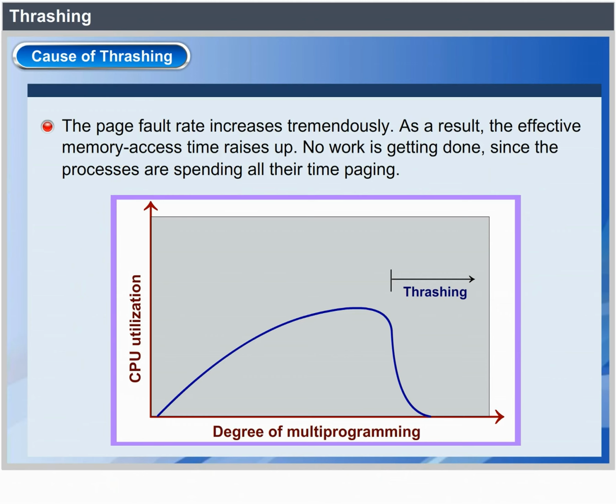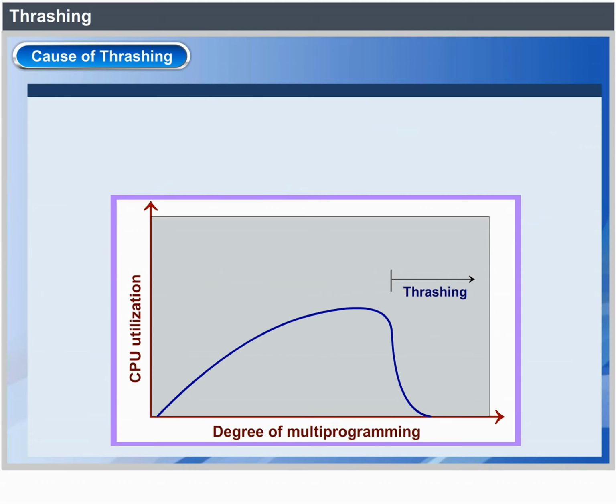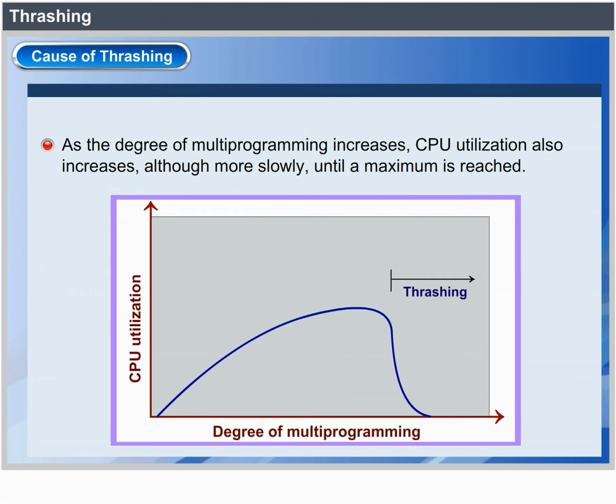This phenomenon is illustrated in the figure, which shows thrashing, in which CPU utilization is plotted against the degree of multiprogramming. As the degree of multiprogramming increases, CPU utilization also increases, although more slowly, until a maximum is reached.